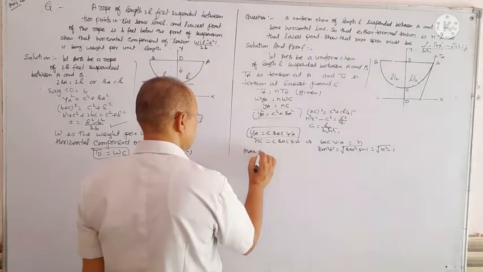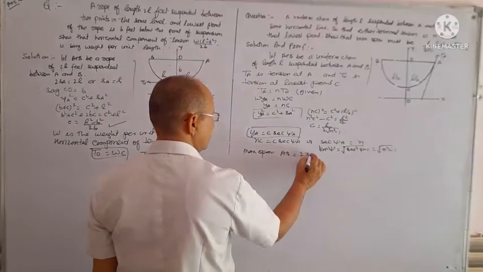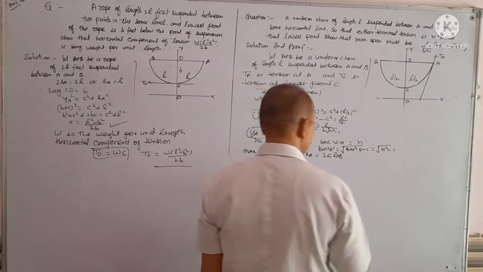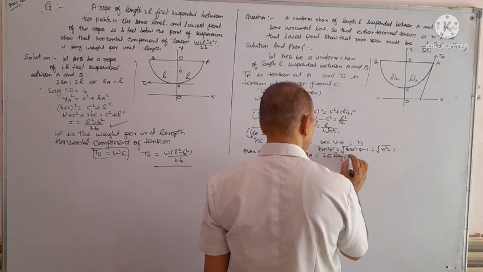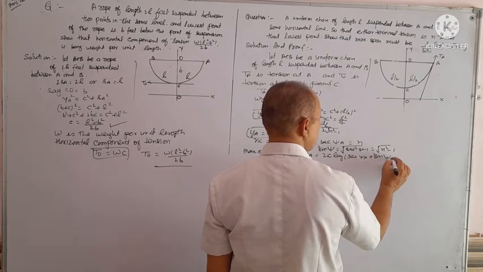Maximum span AB will be 2x, 2c log of sec psi plus tan psi.